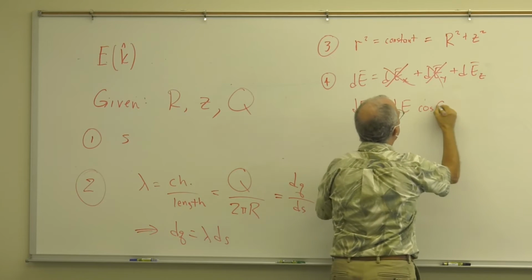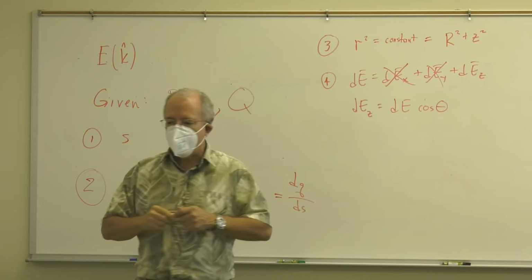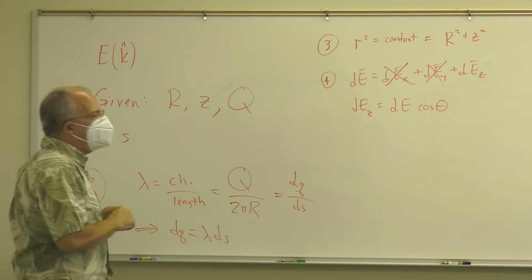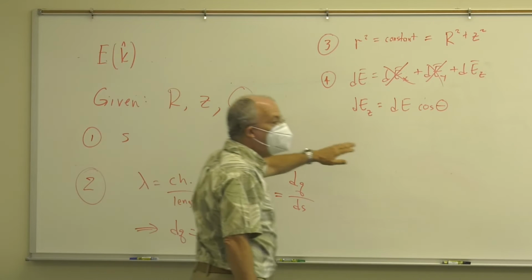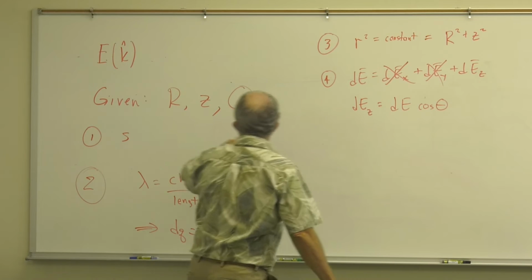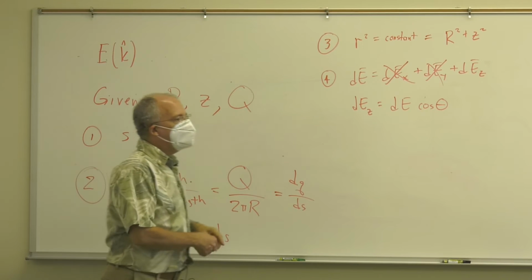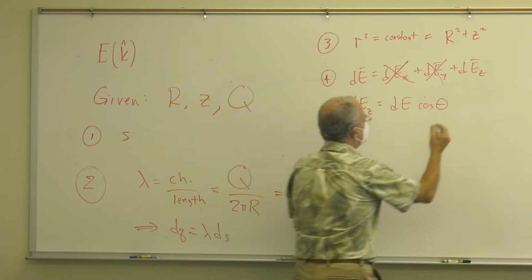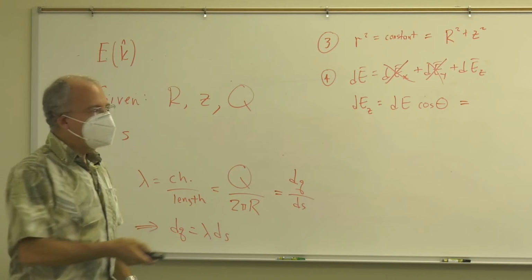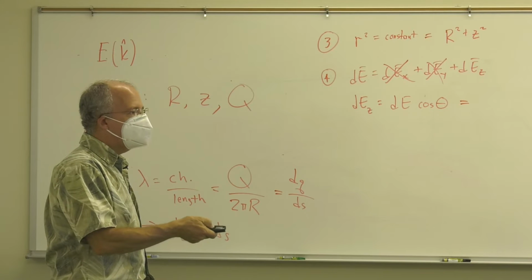dE cosine theta. Now, this is true, but again, I want my results in terms of the given information. So what's cosine theta? If it were me, I would look down here, look at this triangle.